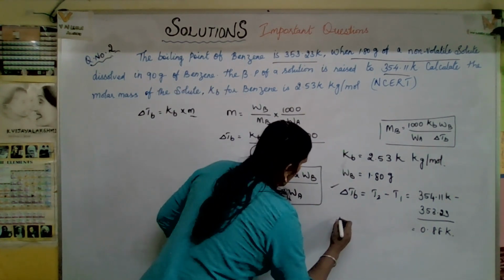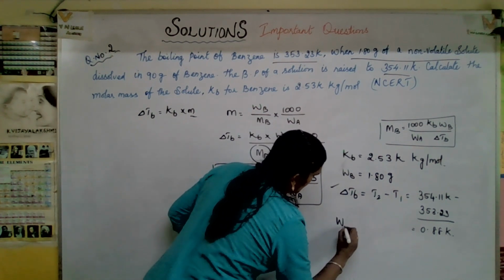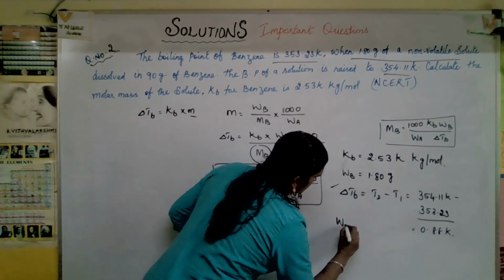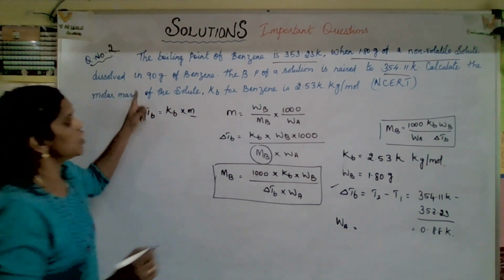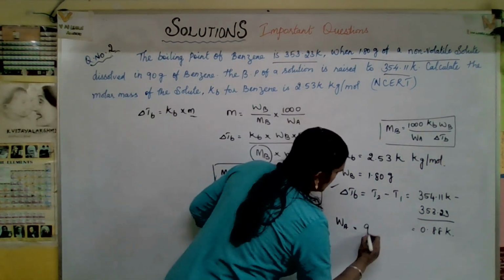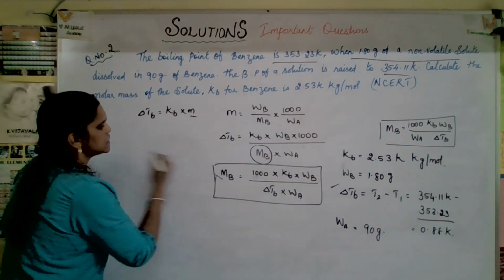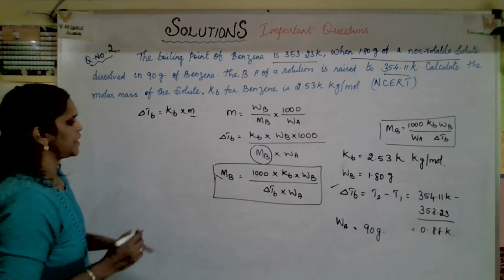Now WA. What is WA? Given mass of the solvent, it is 90 gram. Okay. Now here this point only we have to identify, MB.